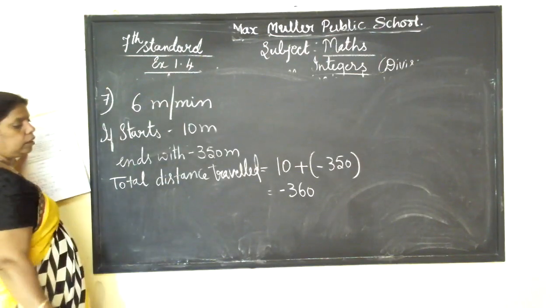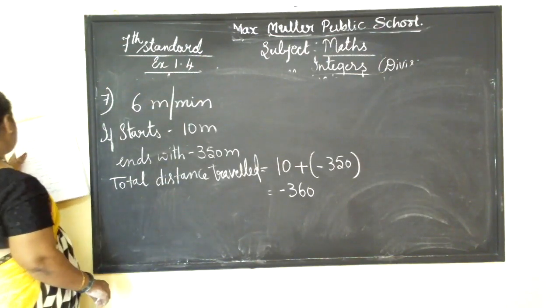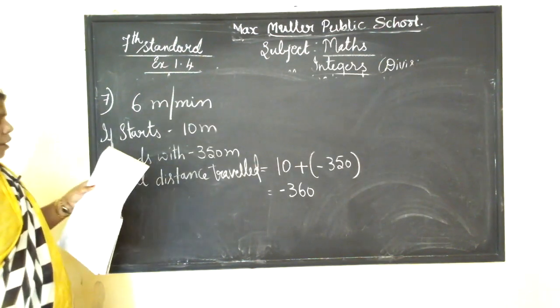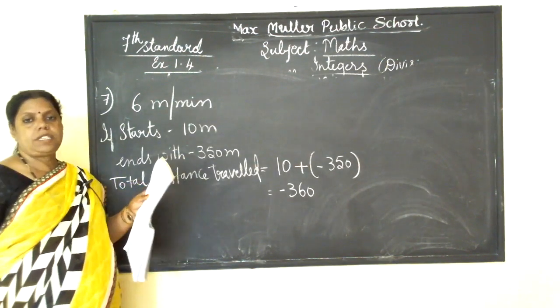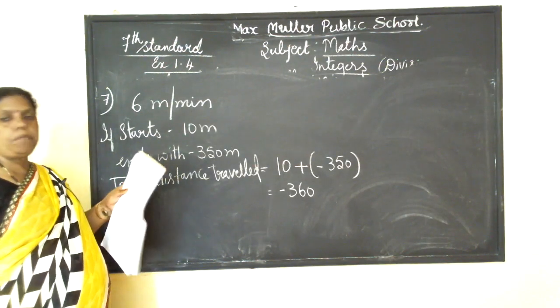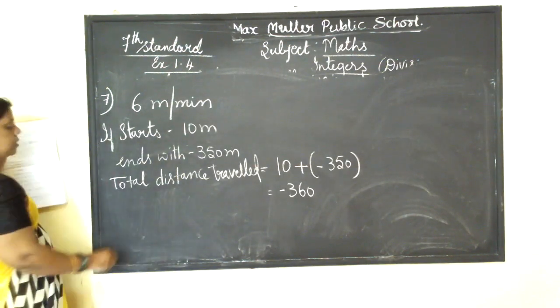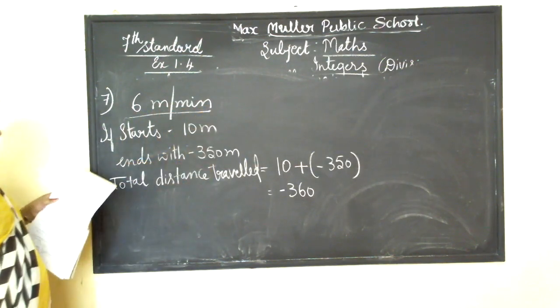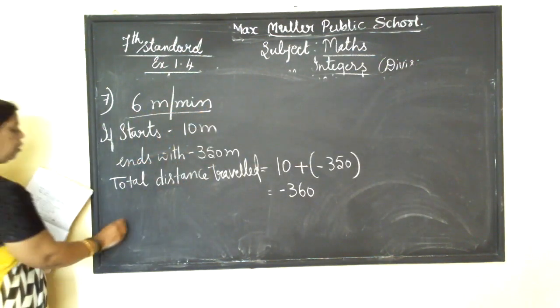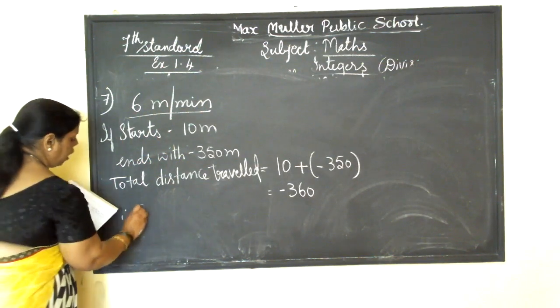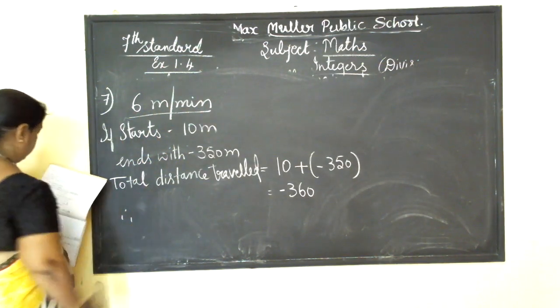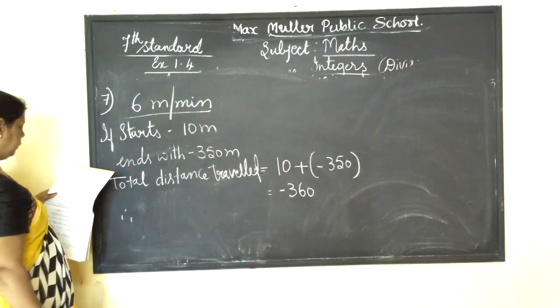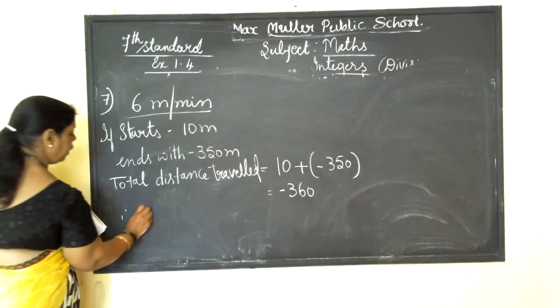Together we got 360. So now the elevator descends at the rate of 6 meters per minute. Therefore, how much distance did the elevator travel in 1 minute?